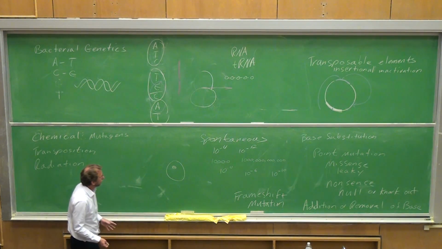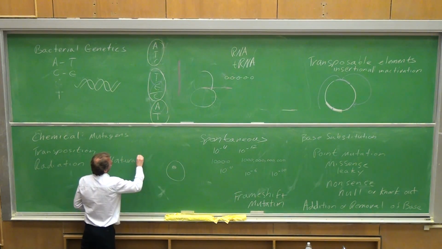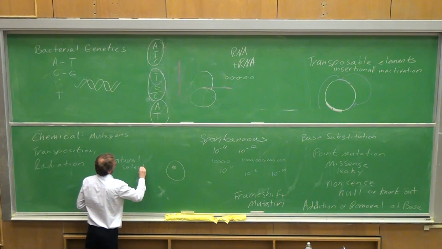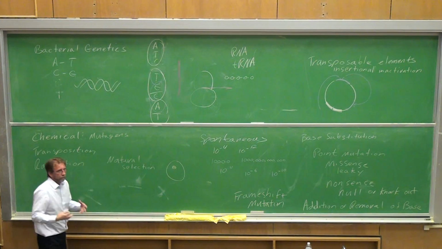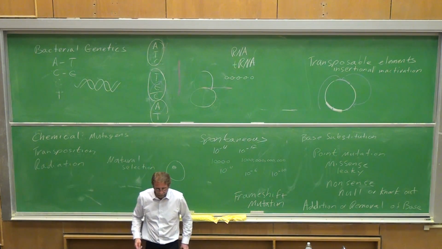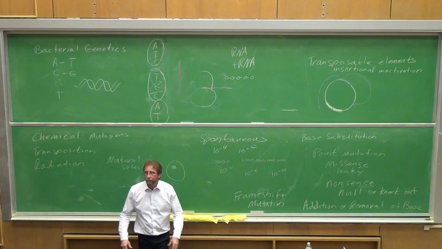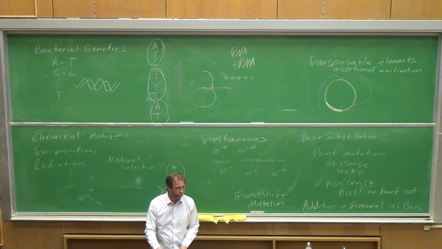But once a mutation takes place, natural selection can serve as a force on that mutation. The environment will influence whether or not that mutation is going to survive. So does that mutation provide an advantage to the cell?